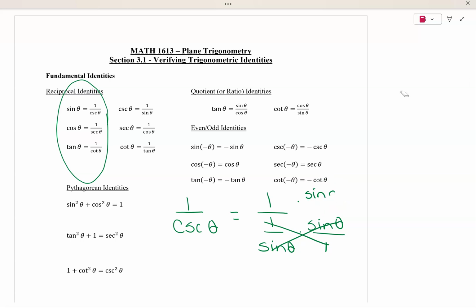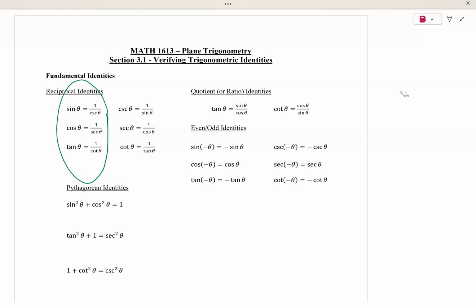So sine, cosine, and tangent can all be written as 1 over the reciprocal: 1 over cosecant, 1 over secant, and 1 over cotan.